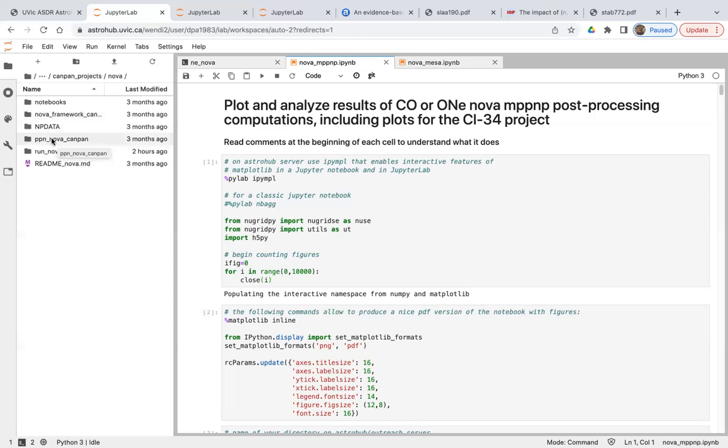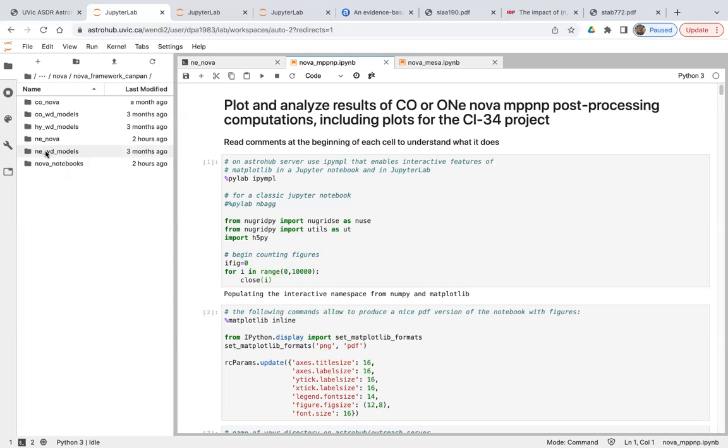So now I'm going to go to NOVA framework and show you how to use MESA to model the evolution of a nova here. Here you can see there are a few subdirectories: carbon oxygen white dwarf models, neon white dwarf models. There you can see in principle what parameters you can use for nova calculations.